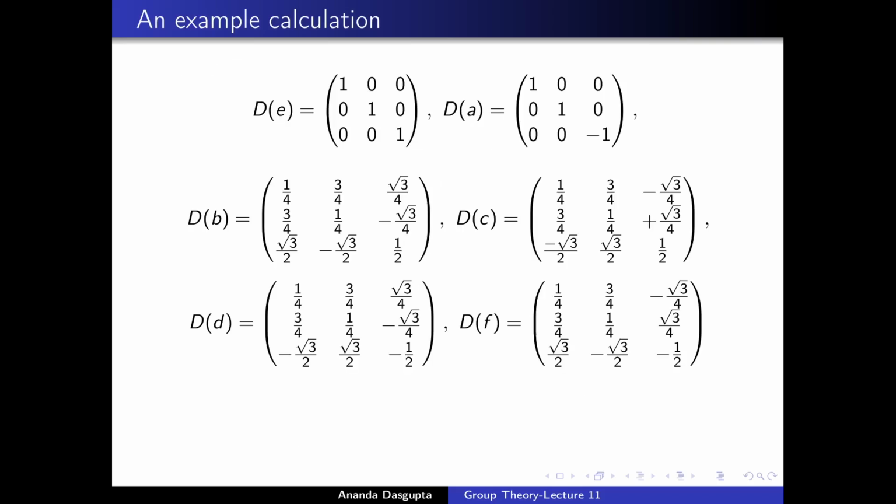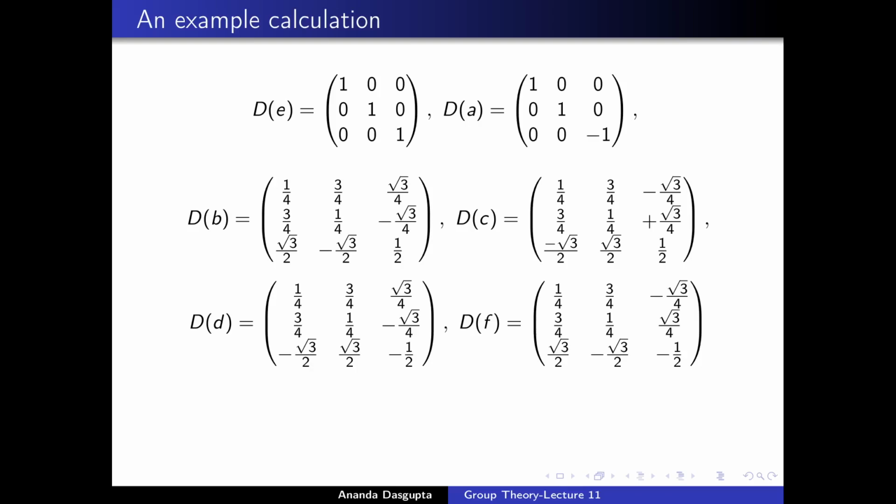Just to remind you, these were the 6 matrices we had obtained by the action of the group on the function space of homogeneous quadratic functions, where we had chosen the basis comprised of the 3 functions which mapped a vector (x, y) to x squared, y squared and xy respectively.